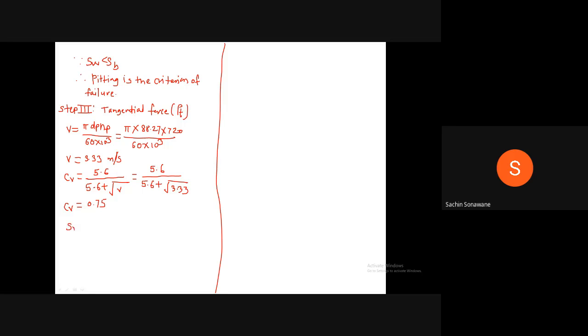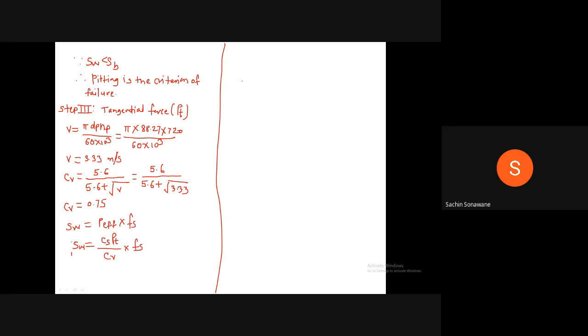Now, since wear strength, or pitting, is the criterion of failure, therefore we can write the equation SW is equal to P effective into Fs. And what is the formula of P effective? Cs PT upon CV into Fs. Therefore, substitute the values.